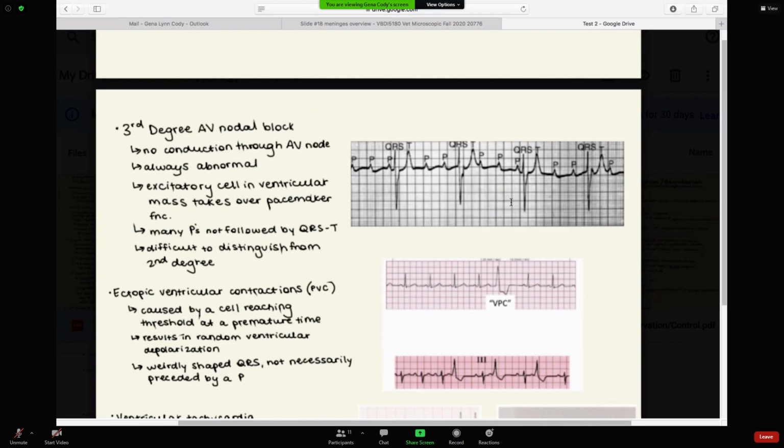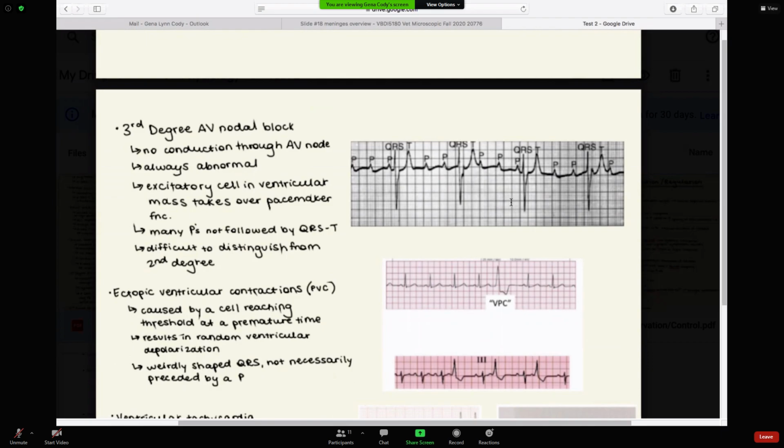So some excitatory myoconducting cell in the ventricular mass will assume the function of being a pacemaker. It's not effective. It's not as nice as it would be from the SA node, and it's not getting the correct stimulation that the body needs to adjust for its physiologic purposes.